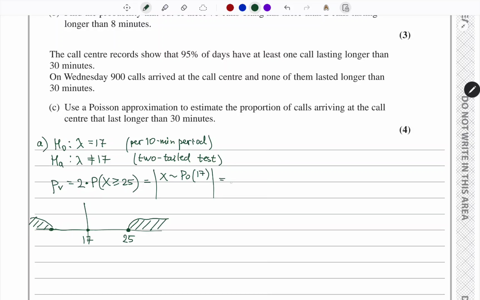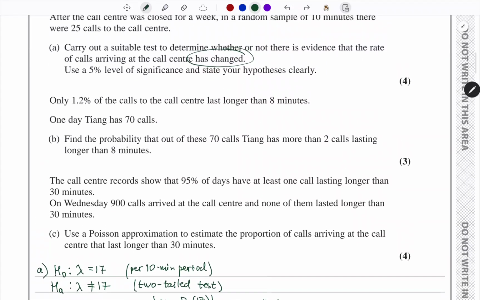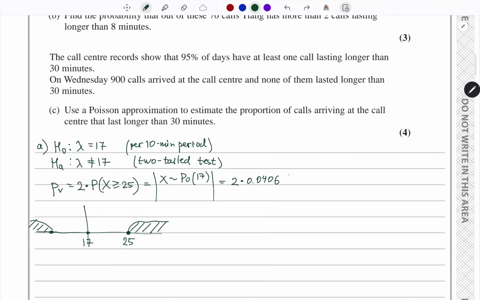So I take my calculator. It's 2 times 0.0406. This probability was produced by a calculator, and we have to compare it with the significance level. My significance level is 5%, and my value is apparently bigger than 5%. So what does it mean when the p-value is bigger than alpha?